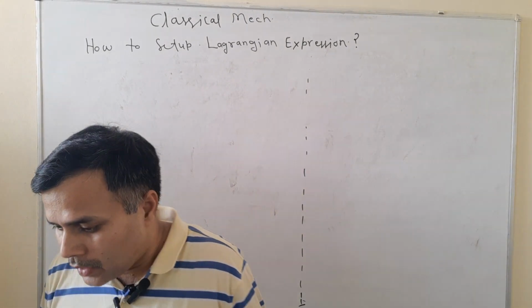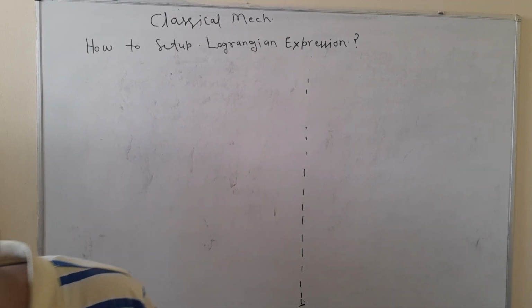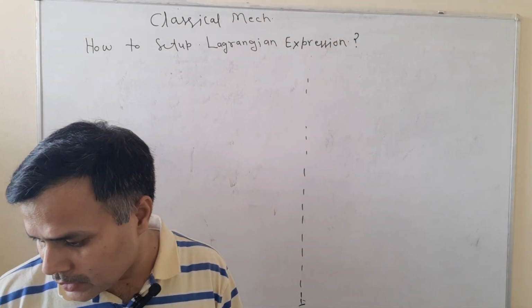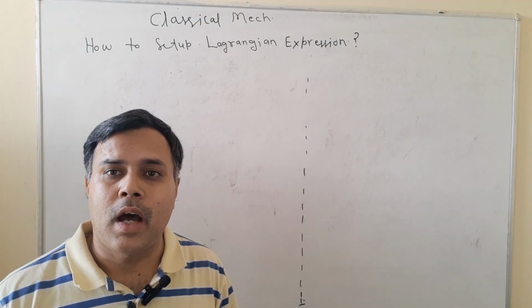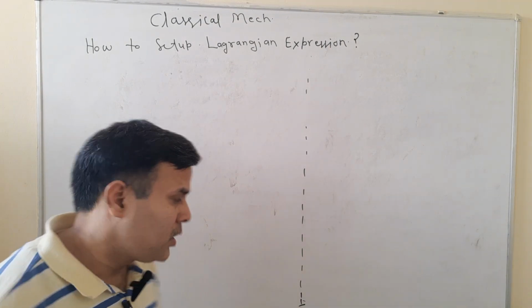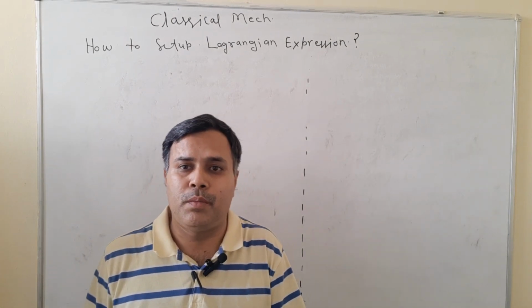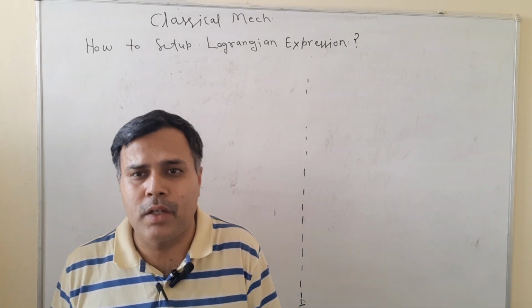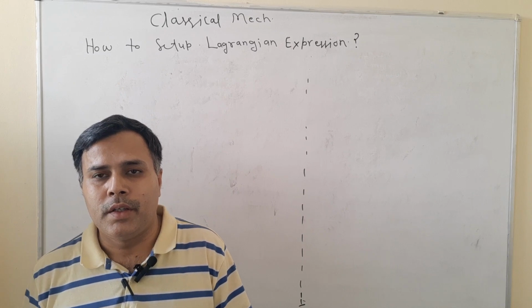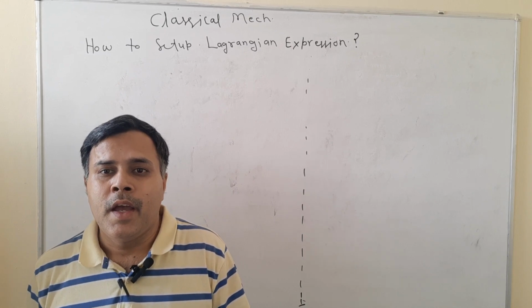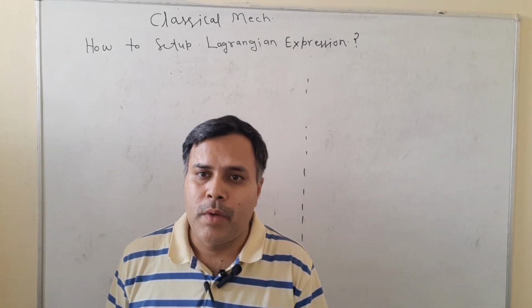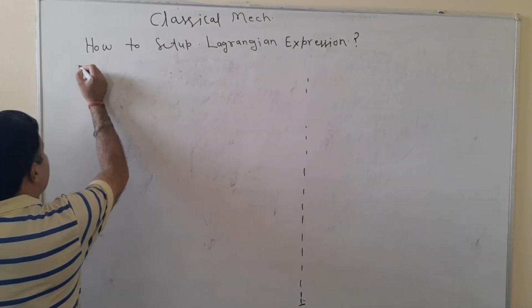So suppose out of these various systems, I will consider the first one, the harmonic oscillator, which is a spring mass system, the simplest system and a very important system from the physics point of view or for any competitive examination point of view. Suppose we have a spring mass system.